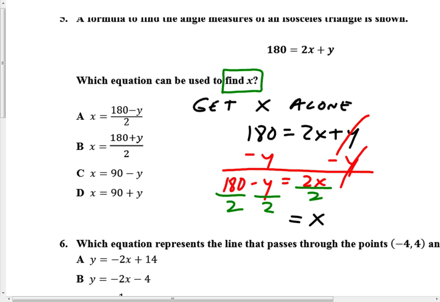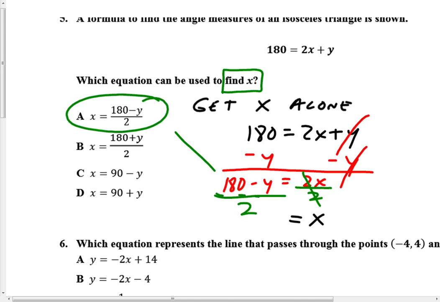No. Well, this isn't shown over there, but couldn't I just make a big fraction bar? Is that shown? That is that. So sometimes they'll show you separate fractions. Sometimes they'll show you the whole fraction. You just got to be ready for that.